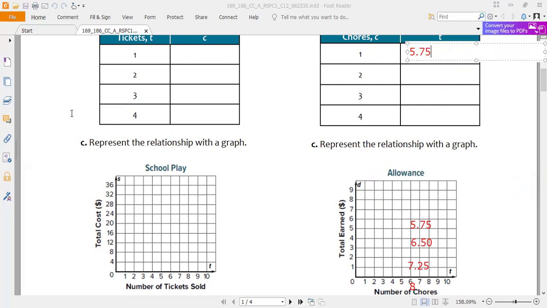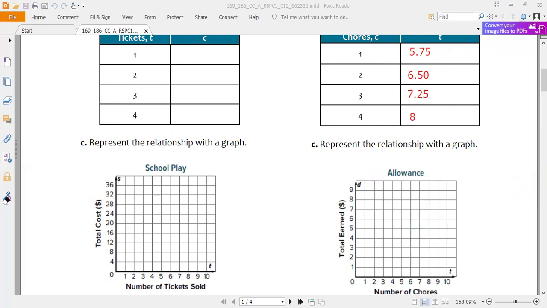Then I have to write 6.50. Then again I have to write 7.25. Then again I have to write 8. Okay, sorry for that. I was just writing these numbers again.